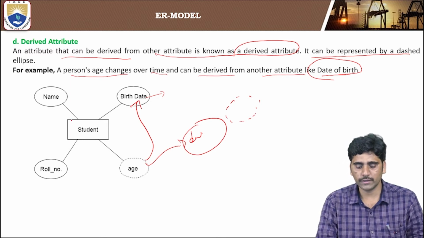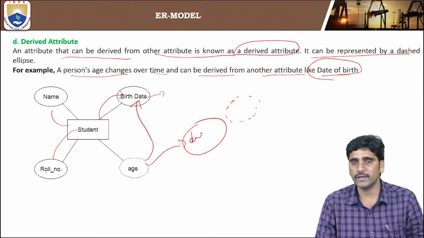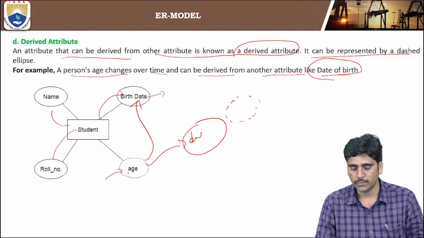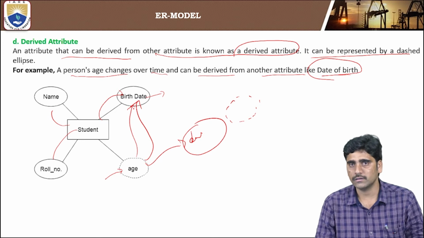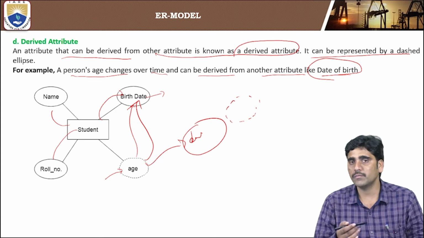So the student contains name, roll number, and birth date, but this birth date is the base attribute for this derived attribute, because the age attribute derives its property from the date of birth attribute.